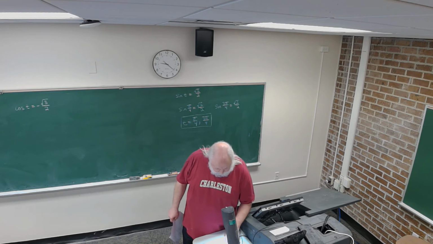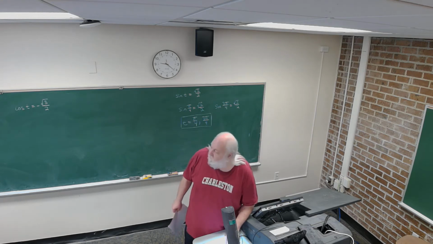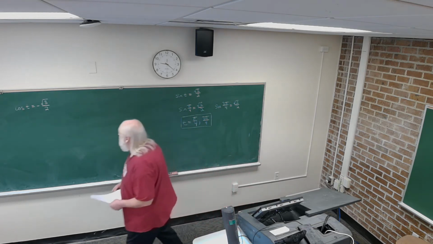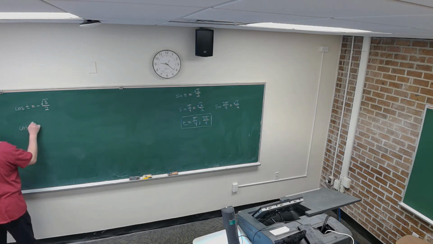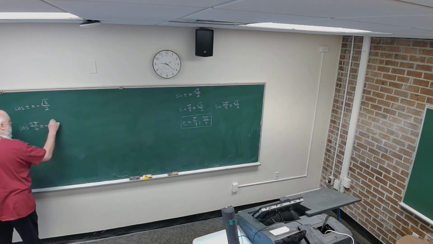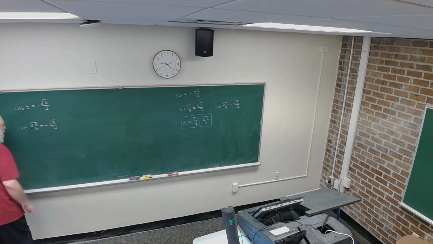And we get over here to this point on the unit circle, it has an x coordinate of minus root 3 over 2, and that corresponds to the angle 5 pi over 6. So cosine of the angle 5 pi over 6 radians is equal to minus root 3 over 2.